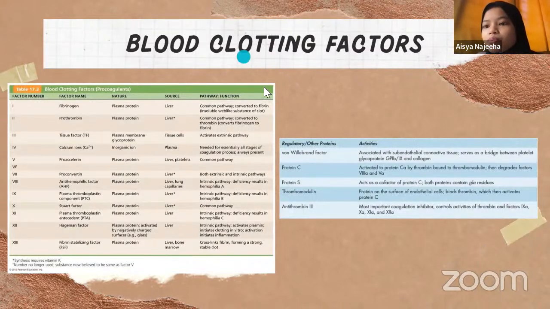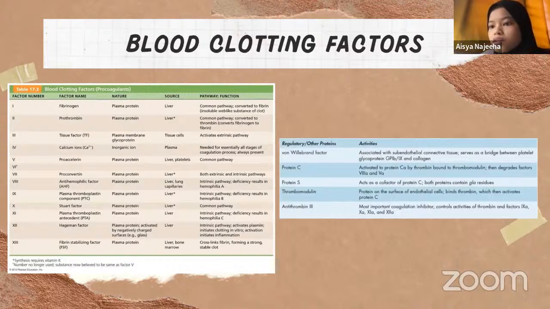Next is thrombomodulin. It is a protein on the surface of endothelial cells. It binds thrombin and then activates protein C. The last one is antithrombin III. It is the most important coagulation inhibitor. It will control the activities of thrombin and factors IXa, Xa, XIa, and XIIa. Next.